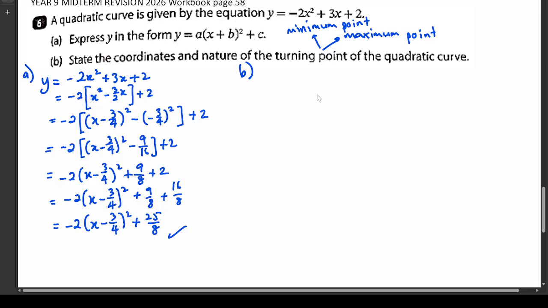Now this is obviously a sad face. If you look at the a is negative, so it's a sad face. It will have a maximum point. So write it here, right? Turning point is the maximum point, and they also need the coordinate. So you need coordinate.